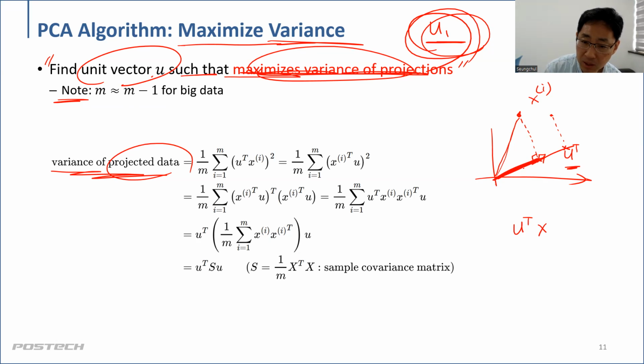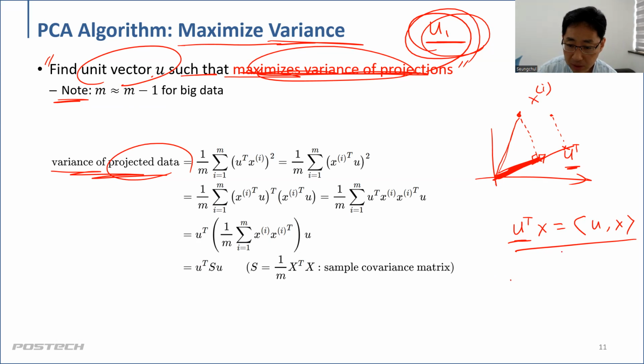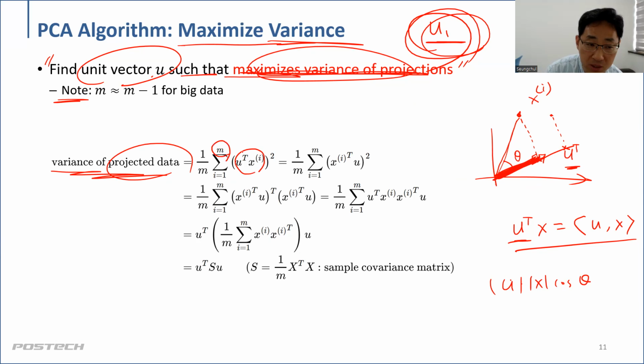You remember, because U is a unit vector, it is the same as U and X and cosine theta, where this is theta. Use that one and it gives us this. And right here we have m data points.